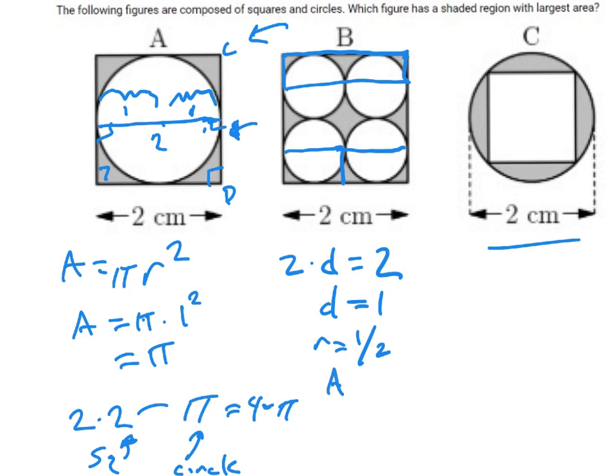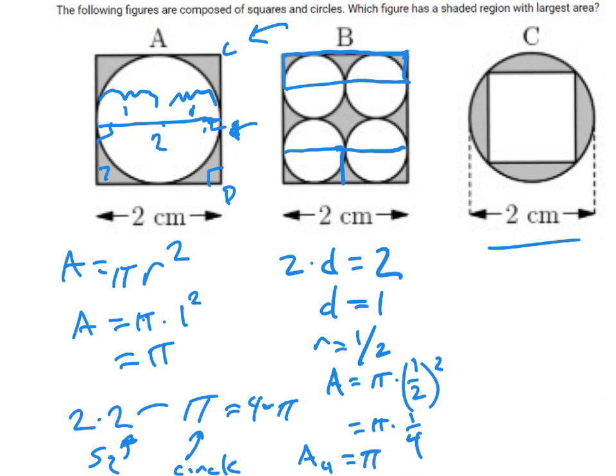So the area of one of those small circles is pi times 1/2 squared, which equals pi times 1/4. However, we have 4 of those, so we need to multiply it by 4 for the area of all of those circles. So the area of the 4 equals pi.